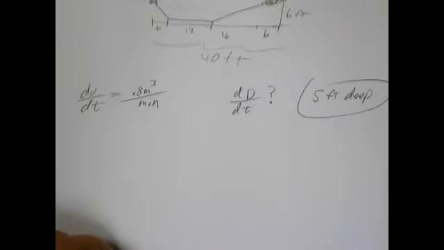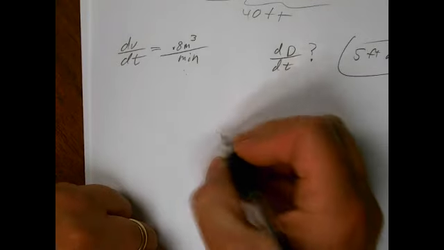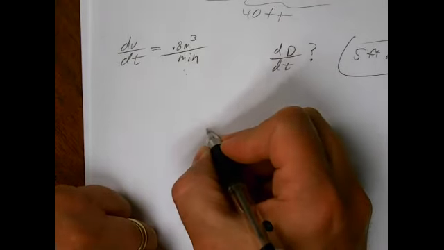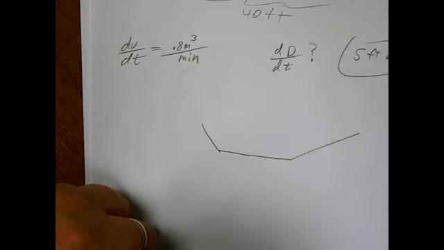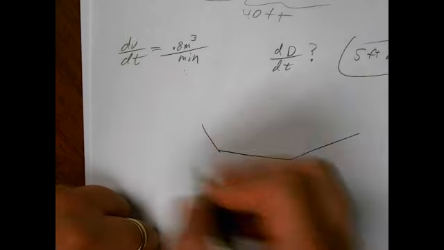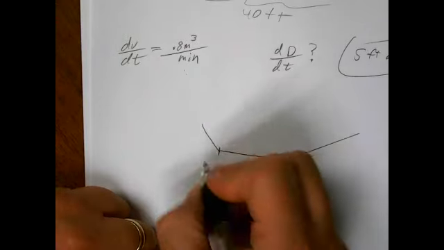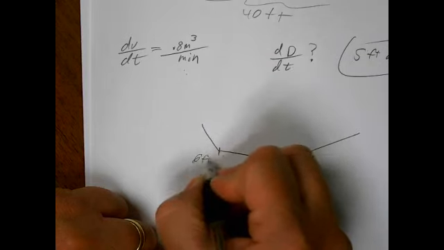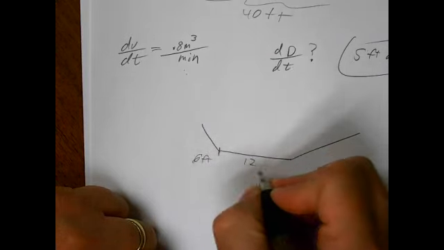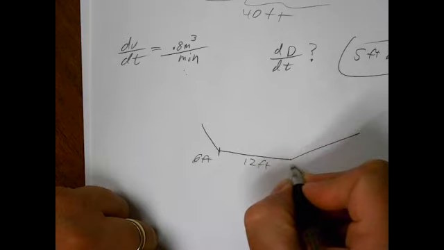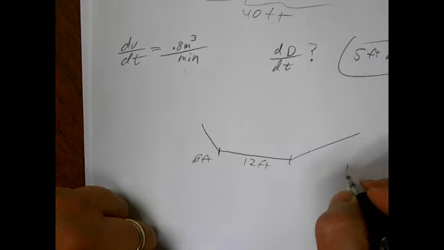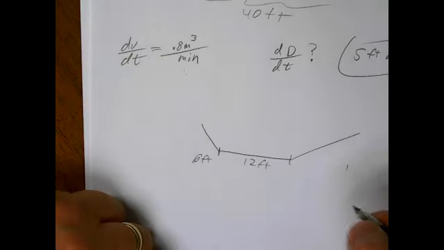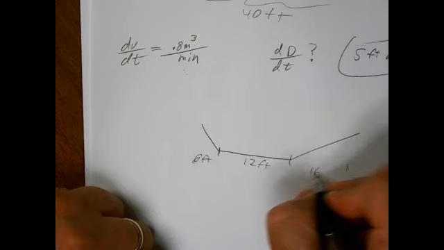Okay, I could redraw this pool in a slightly simplified fashion. This part, and then that part is all I really need. So again, this part is 6 feet. This part is 12 feet. And this part from here to its end is another 16 feet.